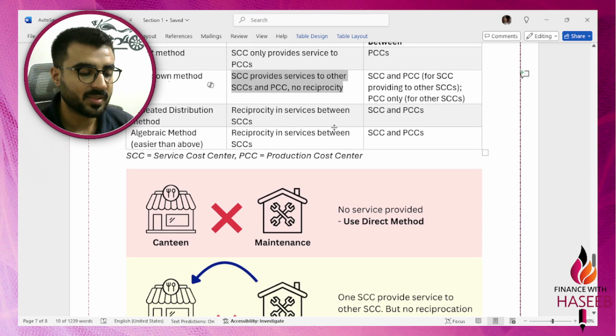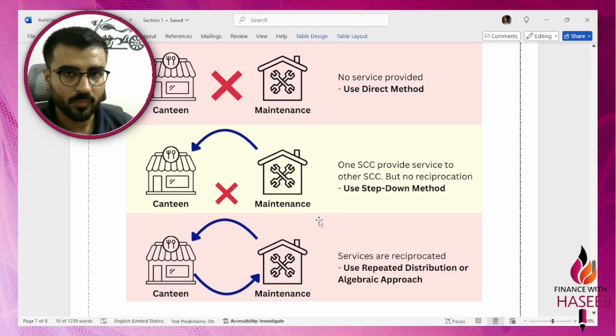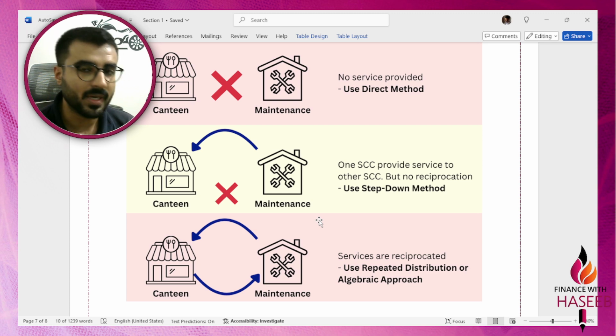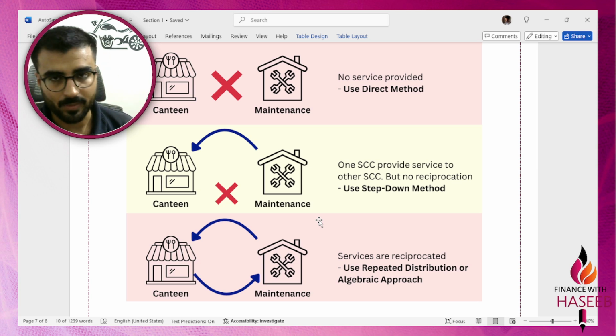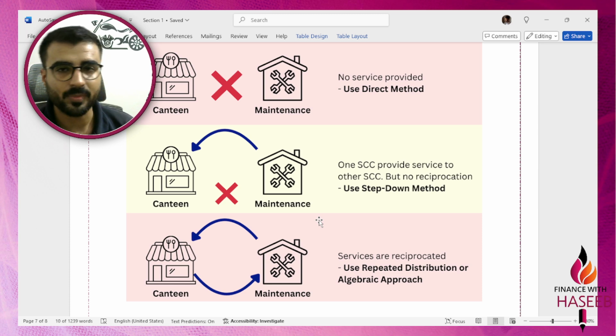What does reciprocity mean? Reciprocity means that services are provided in a cycle. For example, the maintenance department is providing service to canteen, but in return canteen is not providing service to the maintenance department. If canteen is also providing service to the maintenance department, then this is known as reciprocity.